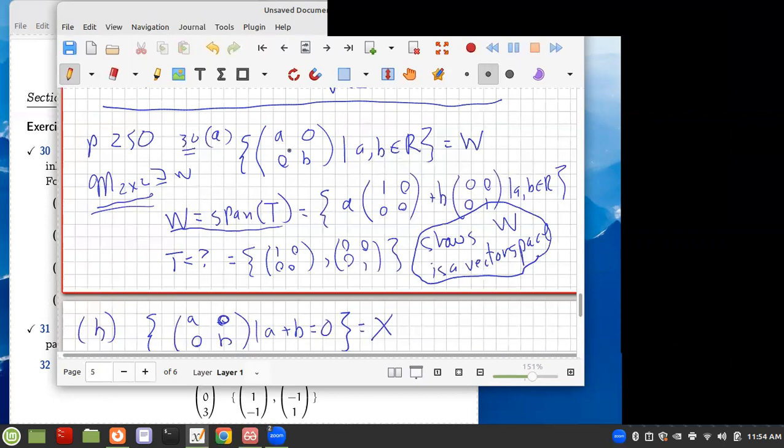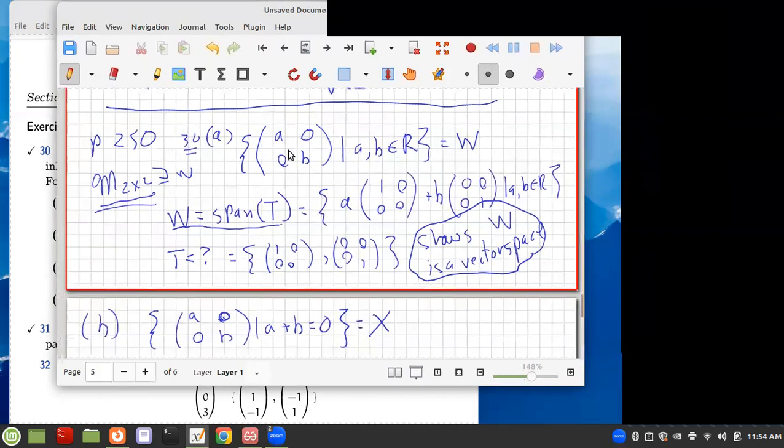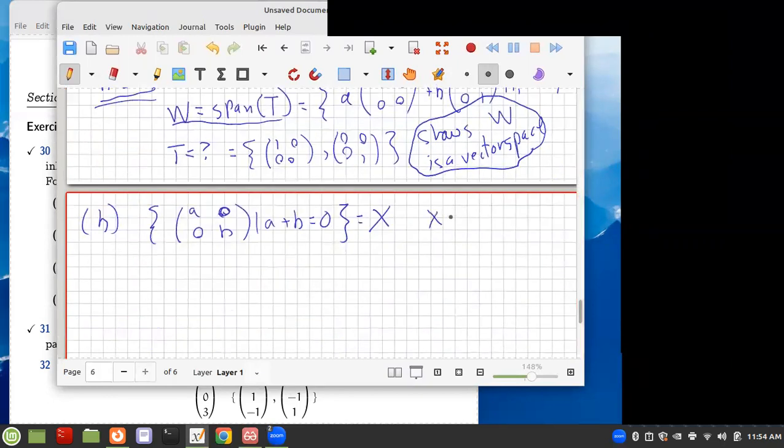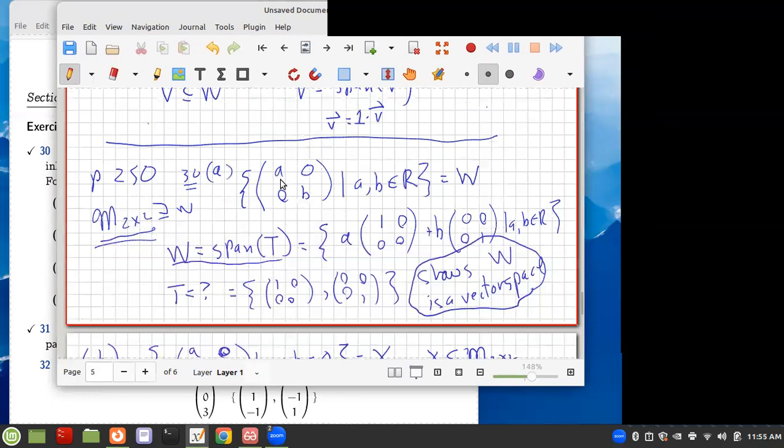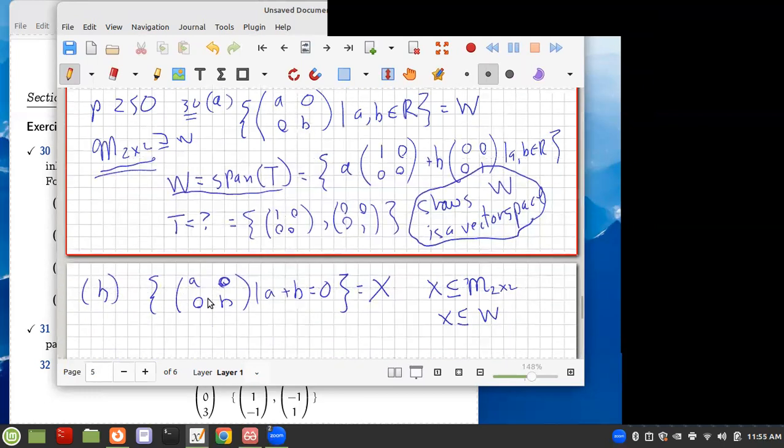So here, X is a subset of M22, because of the way you've written it. And you can see also that X is a subset of W from the previous one. In other words, that was the set of all these diagonal matrices, but this is the subset of these matrices for which A plus B equals 0.